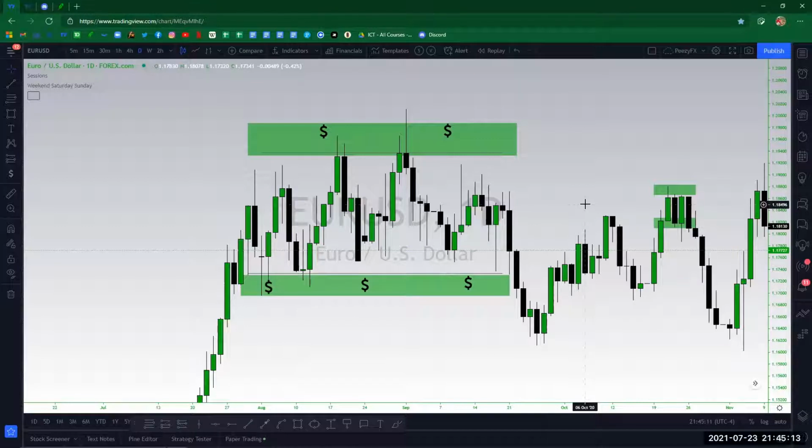And the highest probability liquidity areas are going to be above previous weekly highs and lows, as well as daily. The highest probability liquidity areas are above weekly highs and lows, but daily as well is like the second most.